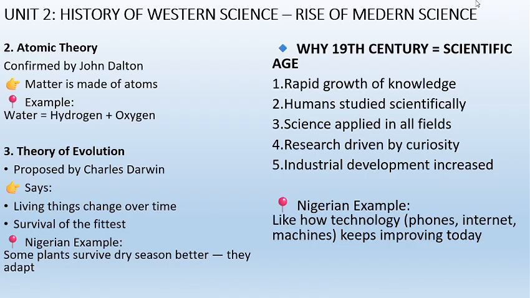Don't forget. Let's look at the Nigeria example, like how technology, phones, internet, machines, keep improving today. If you look at them, you see there's a very good increase, good updates between them. Talking about phones, internet, machines, they keep improving every day, from different phones to different features in those phones.